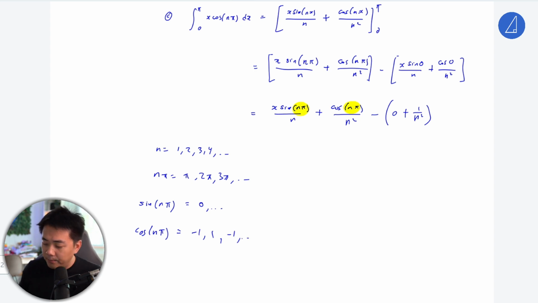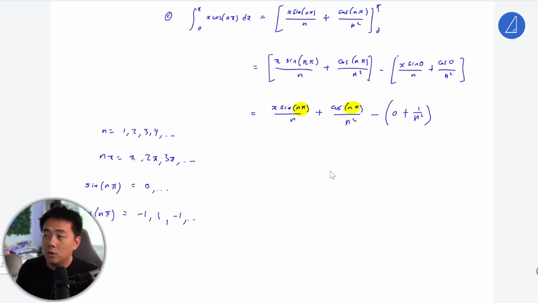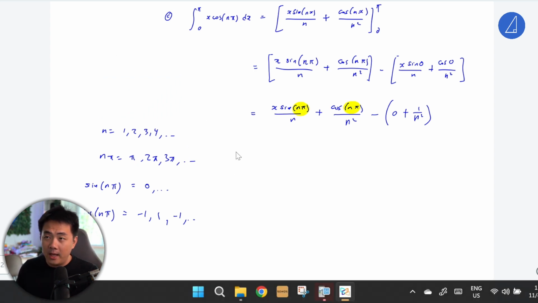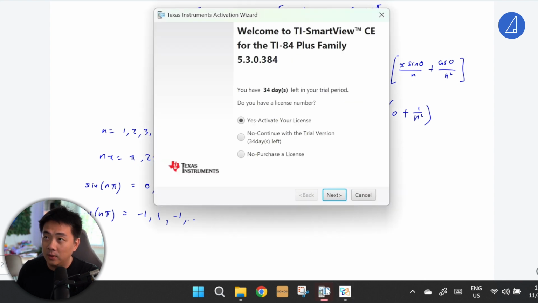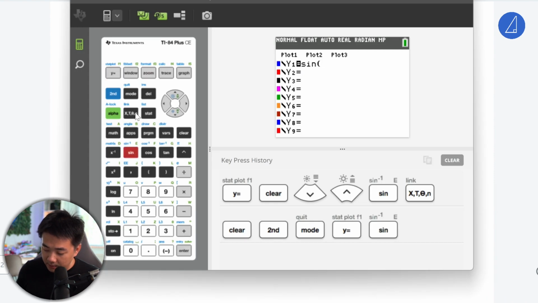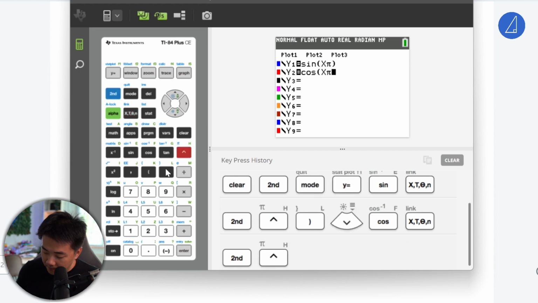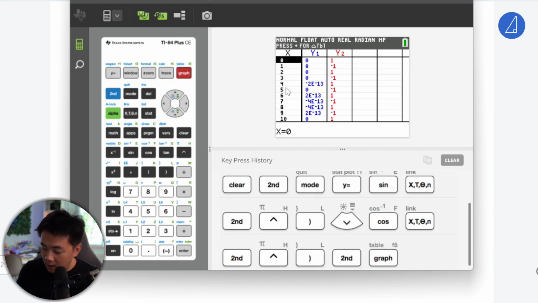But anyway, in an exam if you can't really think of this, you could just use a GC and evaluate. Bring out a GC. For function 1 you put sine n pi, and for function 2 you put cosine n pi. Then in the second table, you'll see that sine n pi is all 0.